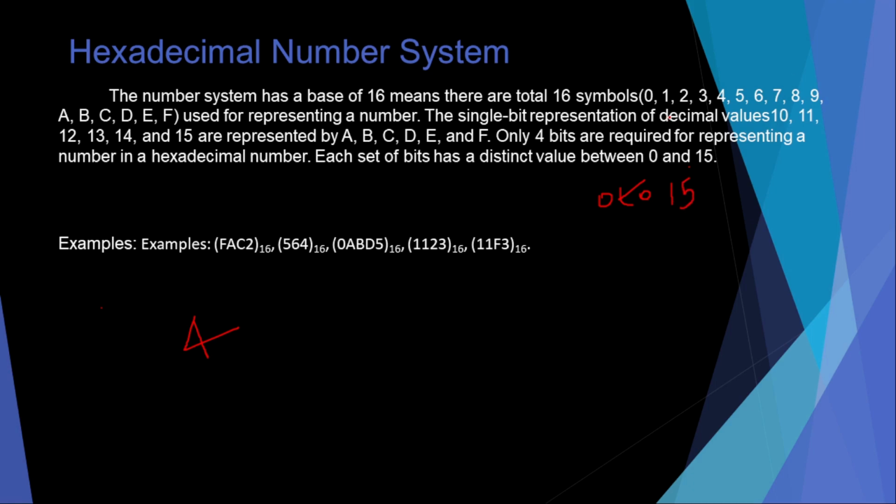From 0 to 9 it is represented by numerical digits, but from 10 to 15 it is represented by letters: 10 is equal to A, 11 is equal to B, 12 is equal to C, and 15 is equal to F. A hexadecimal number is written in alphanumeric form, for example FAC2 with base 16, and its base value is 16.